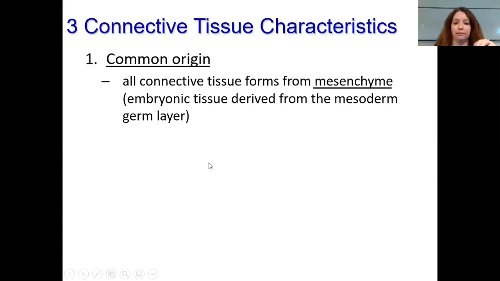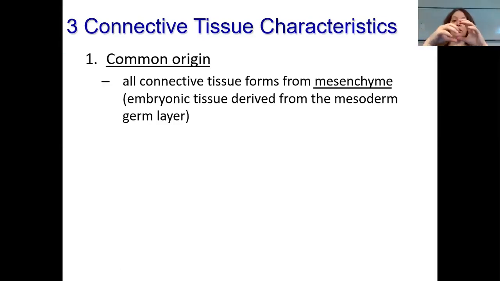Connective tissue characteristics: they all have a common origin. When you are formed in the fallopian tube, when sperm meets egg, you're just a couple of cells at the beginning, and then you multiply and you multiply and you multiply. And actually what happens is you become a hollow ball.